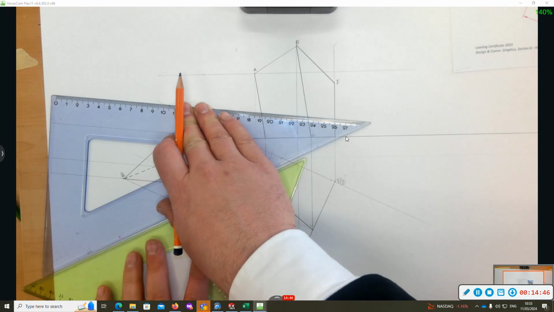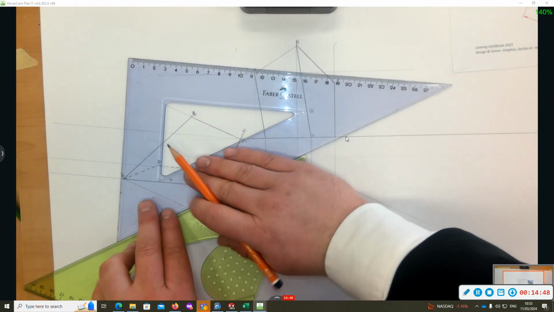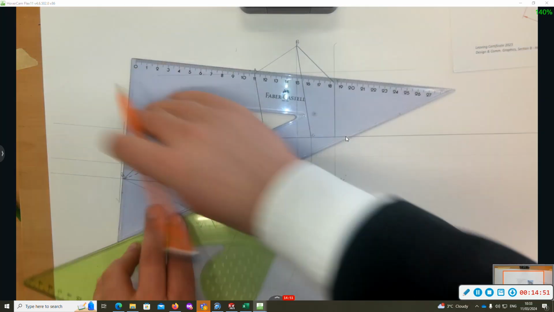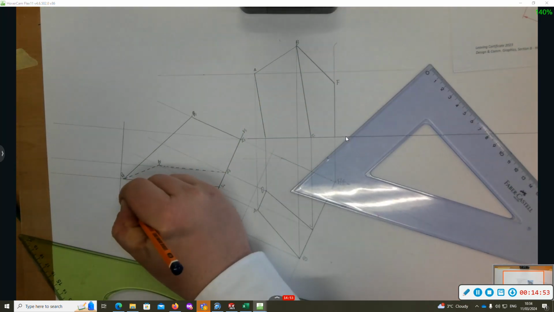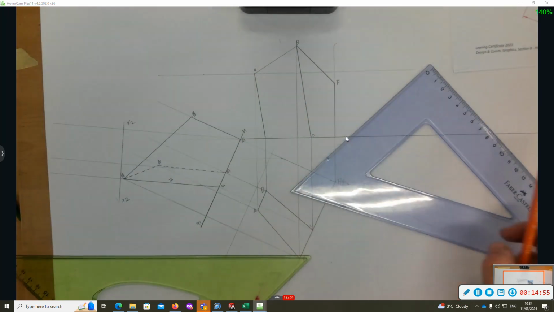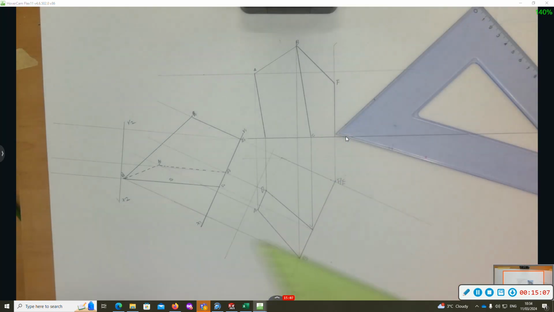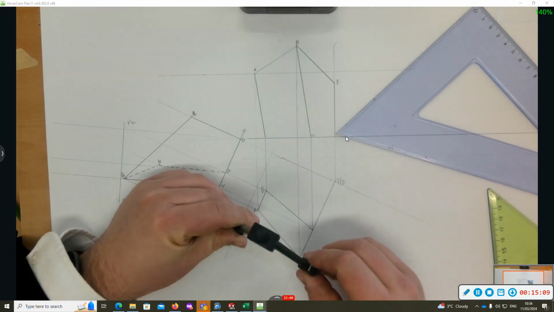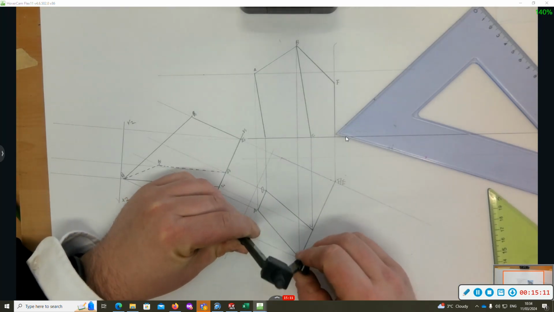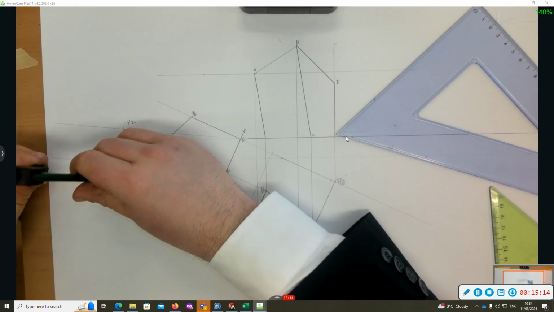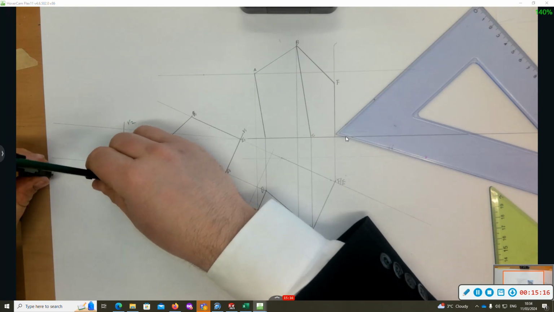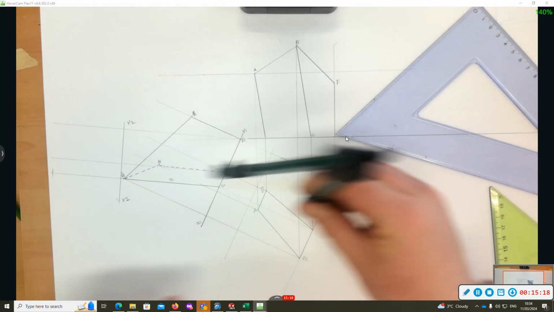I'm going to draw in my X2 Y2 line. And using my compass, I'm going to take my distances from my datum line back to plan. So there's BC projecting as a point.